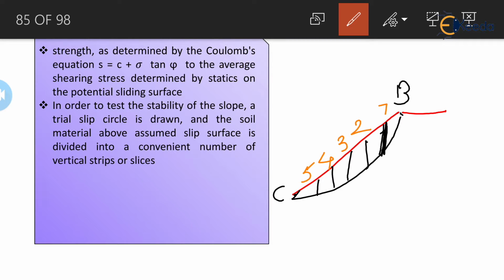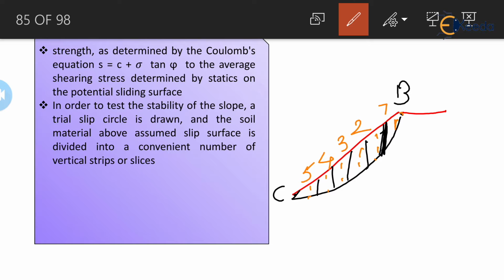So for slice 1, from 0 up to 1, you draw a center line here; from 1 up to 2, you draw the center line here; 2 to 3, you get the center line here; 3 to 4, 4 to 5, and again 5 to 6, you get the center line here.